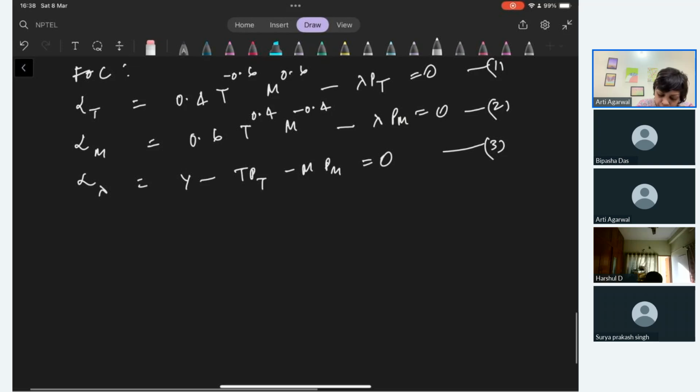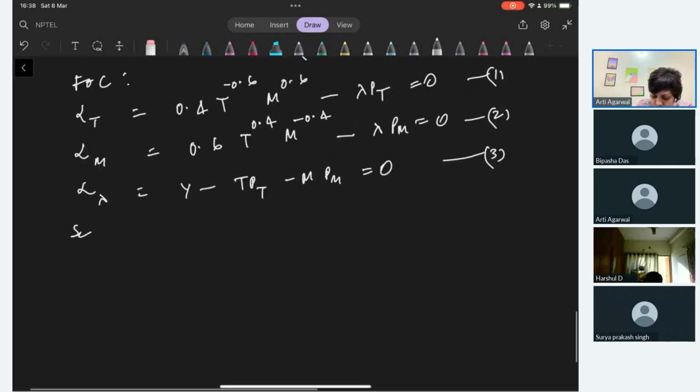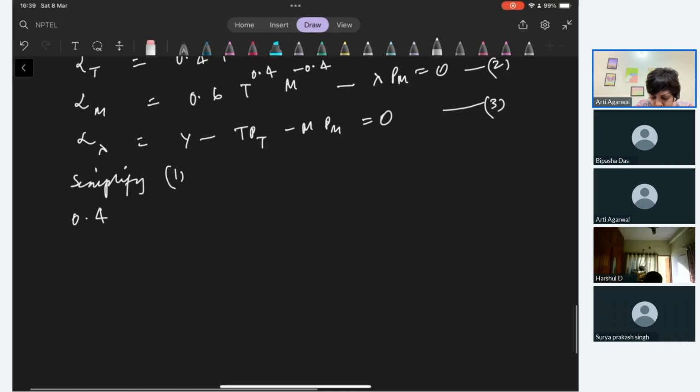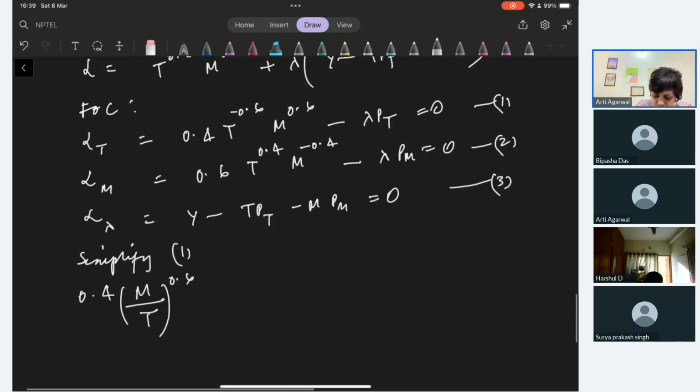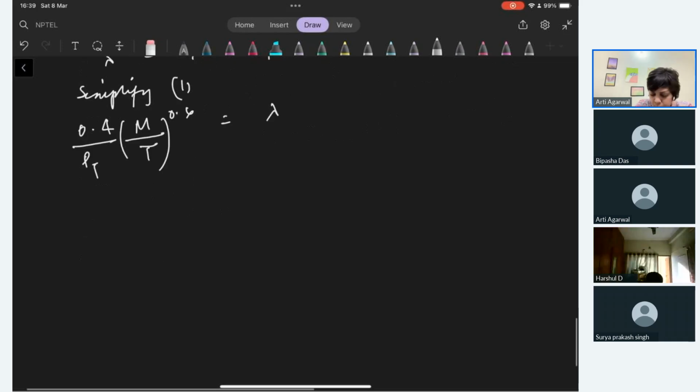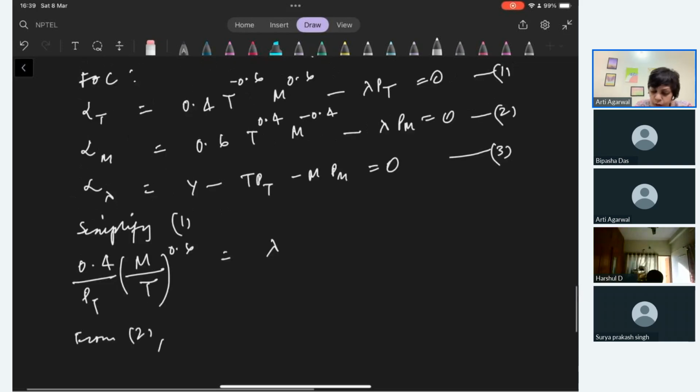So we simplify one and we get 0.4. This is from 1, from 2. You do the same kind of thing.